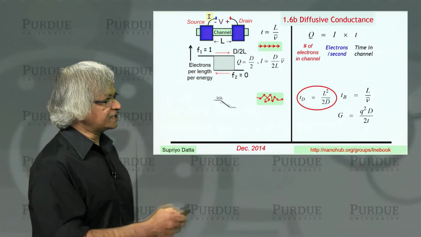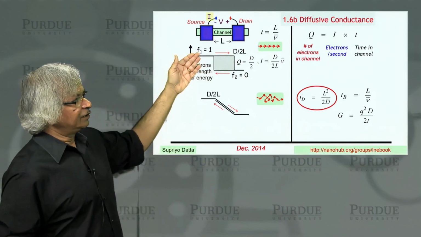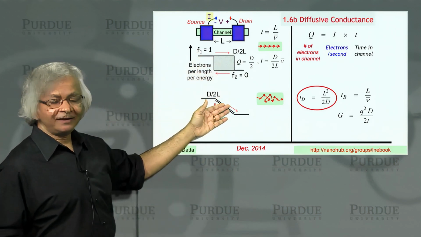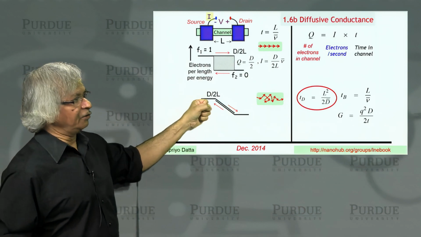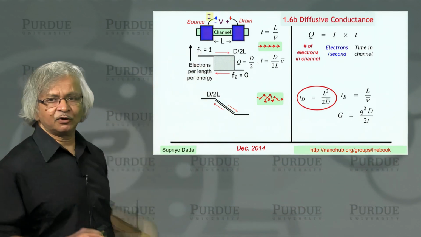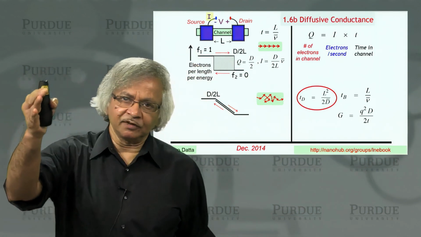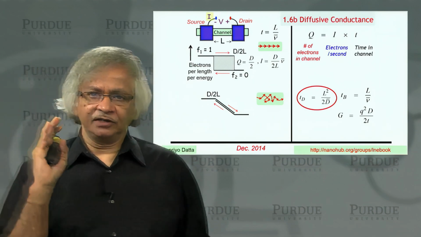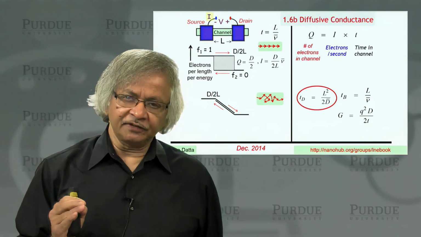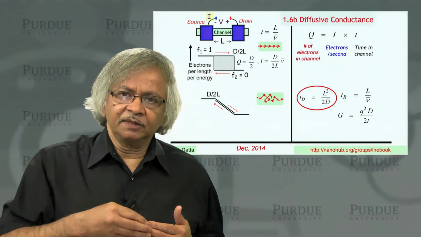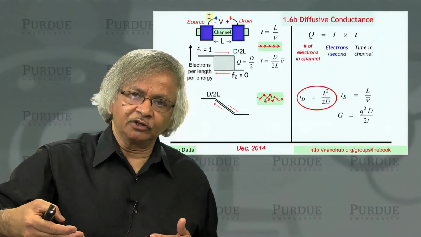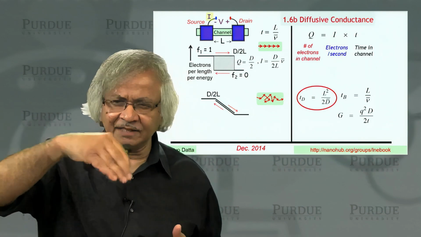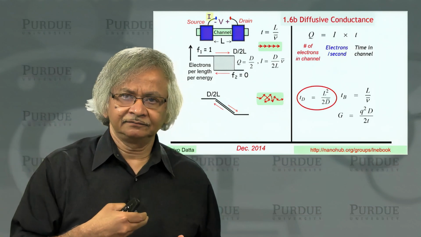So first let us try to see how the distribution of electrons will look. What's different now is, for ballistic transport, all the northbound lanes were filled, all the southbound lanes were empty. For diffusive transport, these electrons get onto the northbound lanes, but then they hit something and turn around and come back.